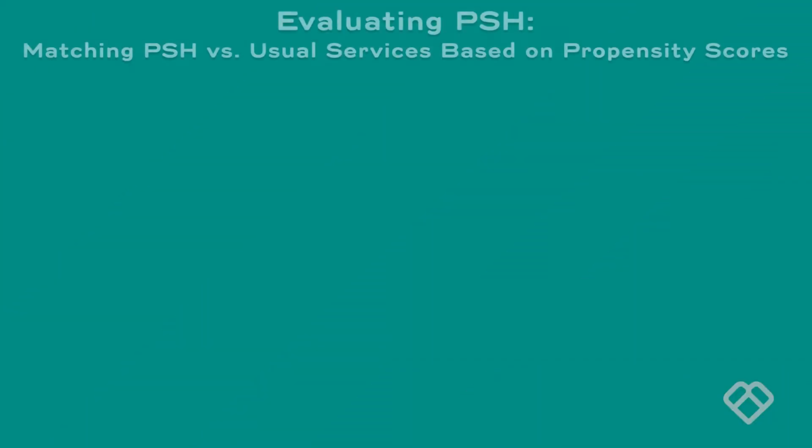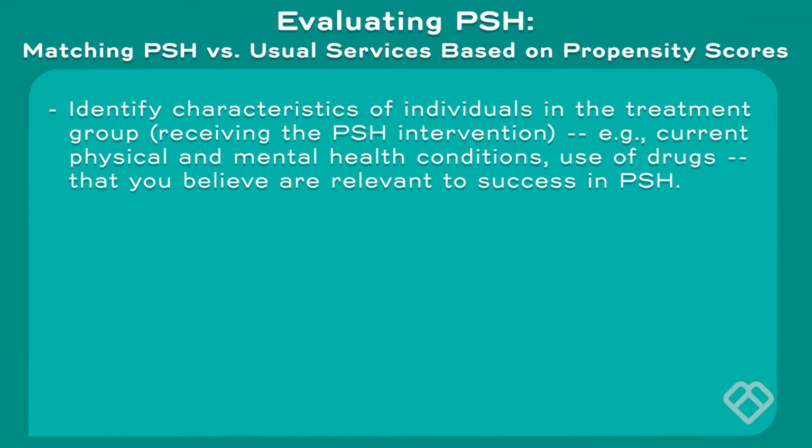Here's one way of improving the accuracy of our evaluation. It's called propensity score matching. As before, we have a treatment and a comparison group, but now we identify characteristics of individuals in the treatment group, those who receive the permanent supportive housing intervention. For example, their current physical and mental health conditions, their use of drugs, characteristics that we believe are relevant to success in permanent supportive housing.